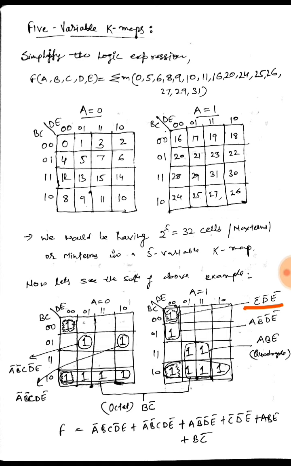because a quadruple would have 3 variables in case of a 5 variable K-map. And this one will be a pair, so its value will contain 4 variables: A, B bar, D bar, E bar. So these two cells remain as they are, because no corresponding adjacent cell to them has a 1, so they will be written as they are using 5 variables.